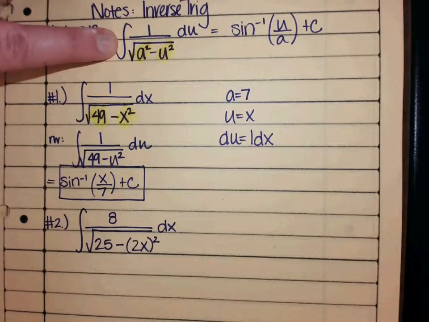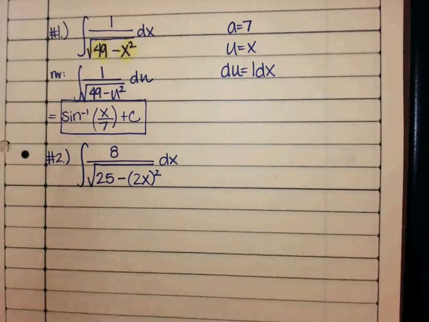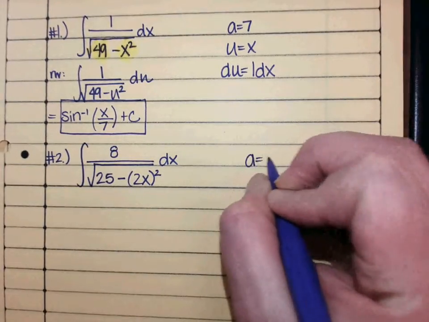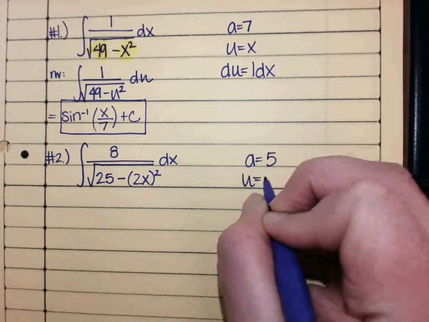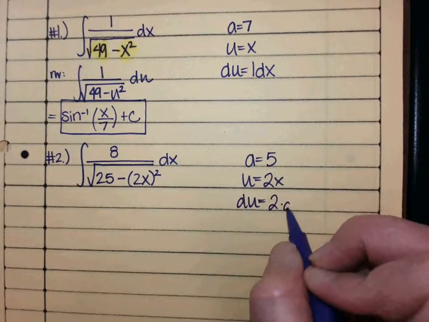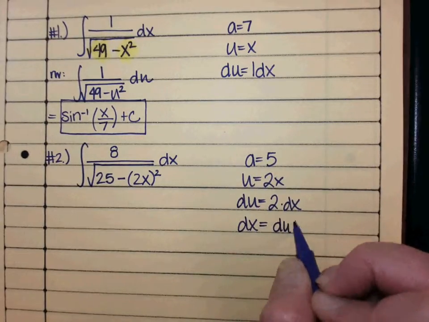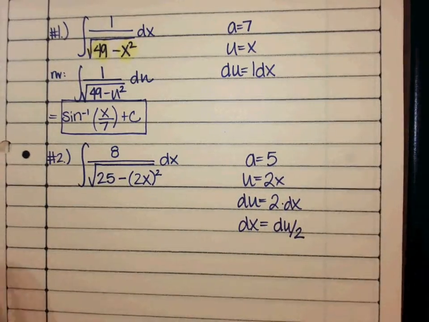So if a squared is replaced by a 25, what is a? A is 5. What is u? U is 2x. Okay, what is du? What's the derivative of that? 2 dx, which means that dx is what? Du over 2. Everybody good so far?